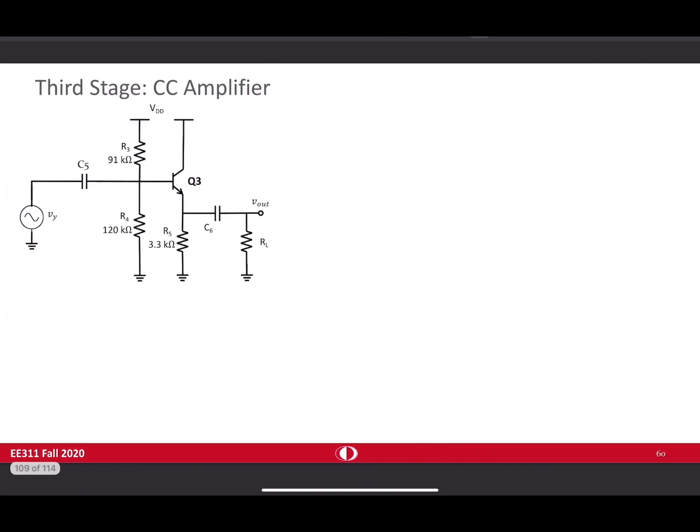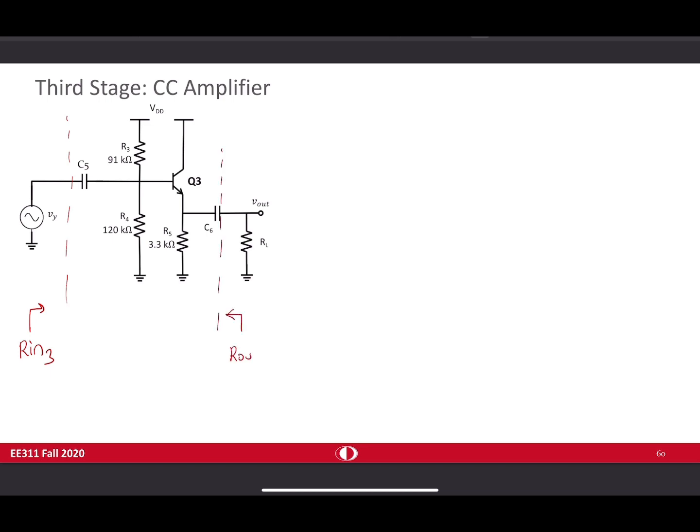And for the last stage, now the output of the second stage is the input. Again, we don't have any resistance in here. It's just like shorted. And this is a common collector amplifier I told you before. Input resistance Rin3, which we will use for the gain of the second stage.